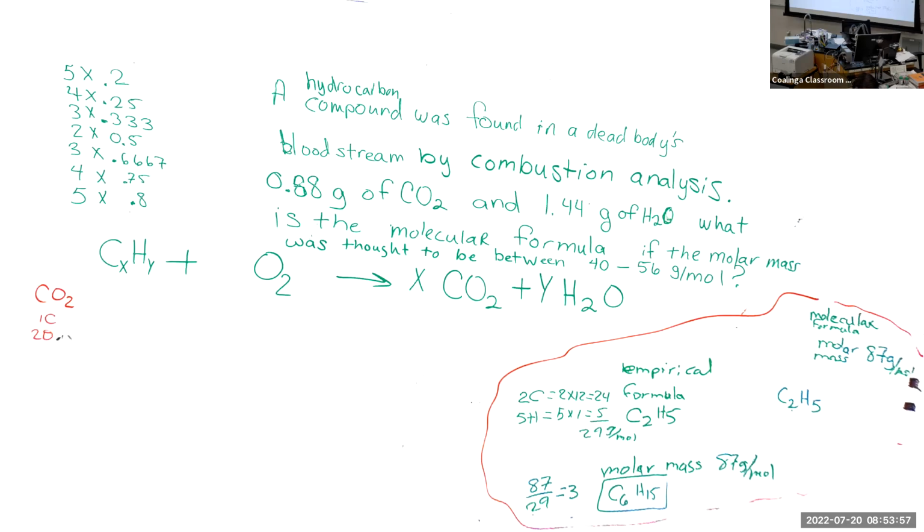So that's 16 times 2, that's 32, plus 12, so that's 44 grams per mole. And of water, we're also going to need the molar mass of water. Two plus 16.